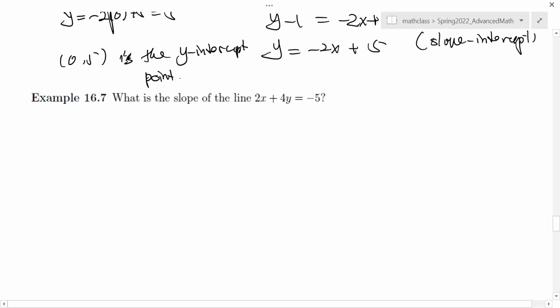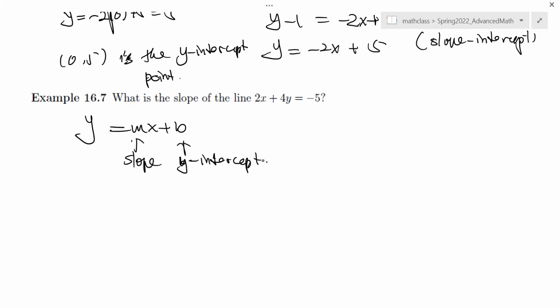If you write the equation in this form, this is the slope and this is the y-intercept. So the coefficient of x is going to be the slope. You don't need to find two points on the line.